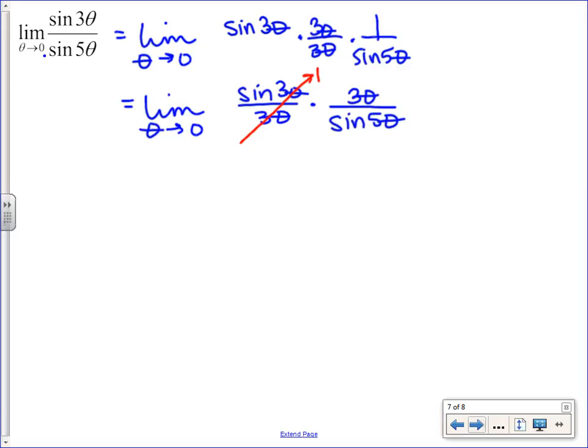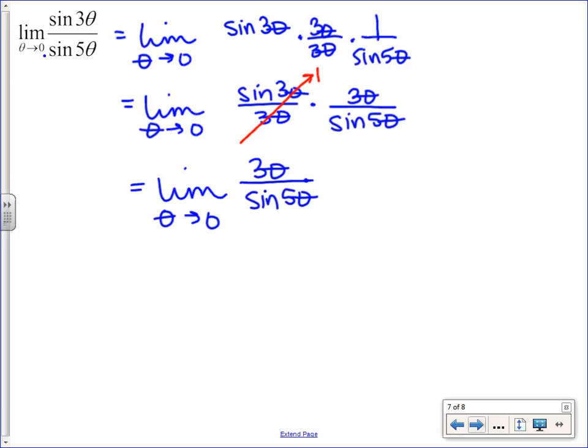What do we need to multiply by now? Okay, so now let me just rewrite it. We have the limit as theta approaches 0 of 3 theta over sine 5 theta. But that's still true. Now what does our numerator need to be if I want a special limit with sine of 5 theta?